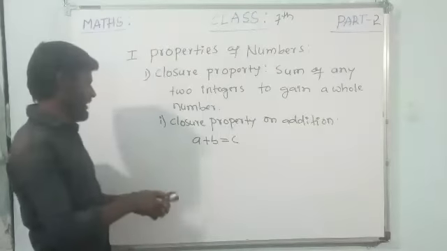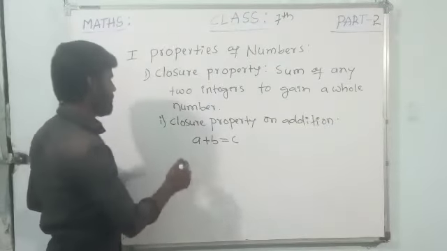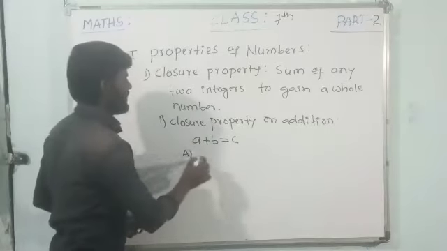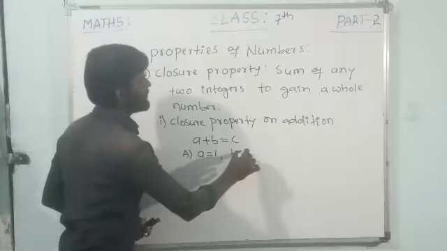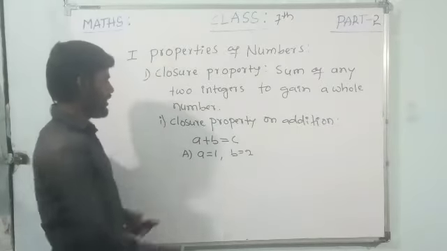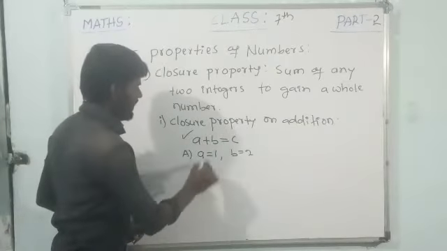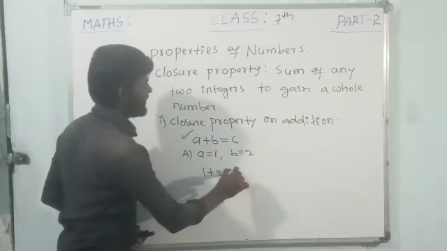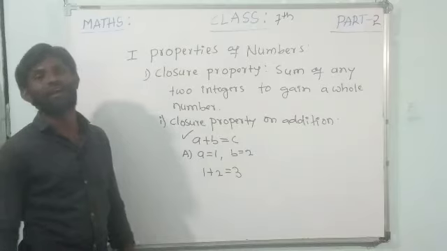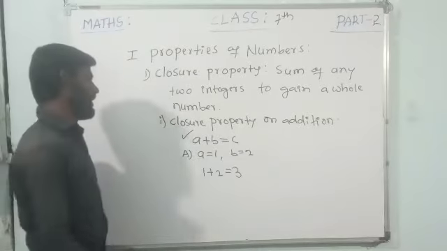I will make this clear by giving examples. Example A: suppose a is equal to 1, b is equal to 2. Here a means 1 plus b means 2, that is 3. 3 is a whole number.